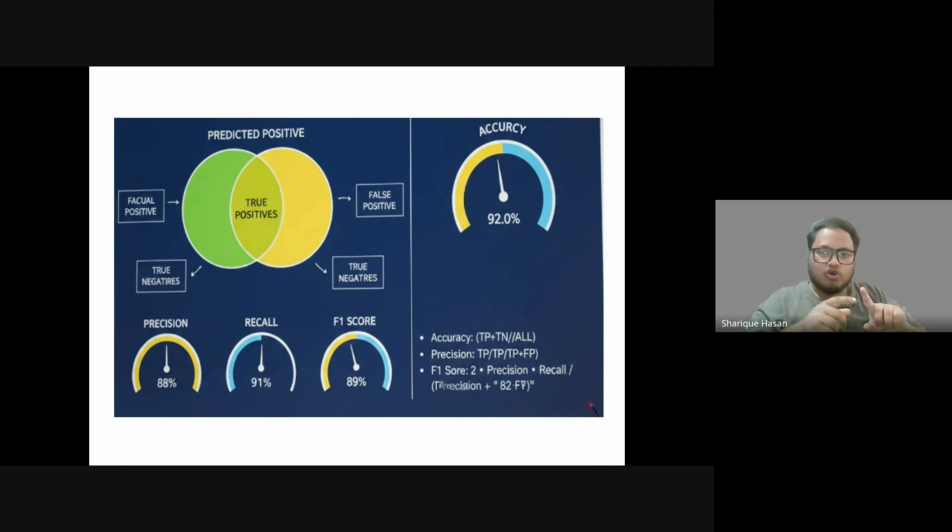So overall, these are four things: accuracy, F1 score, recall, and precision. All four are important, to check whether a model is predicting correctly or not. It will be checked before deploying the model.